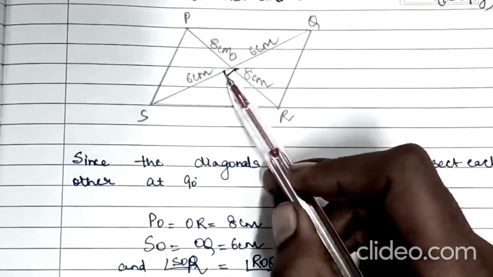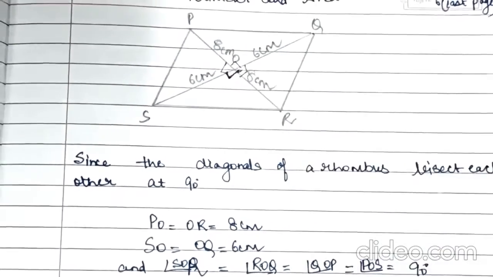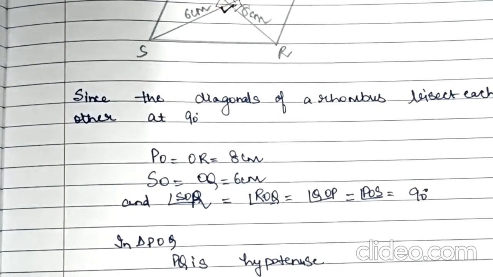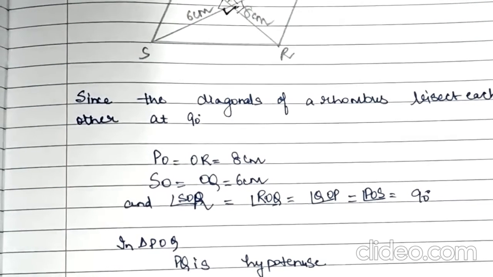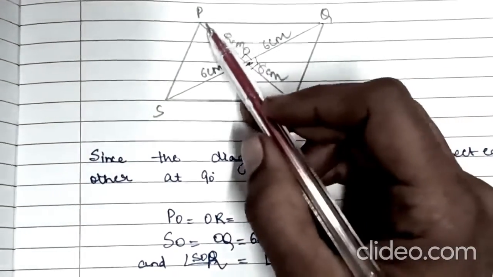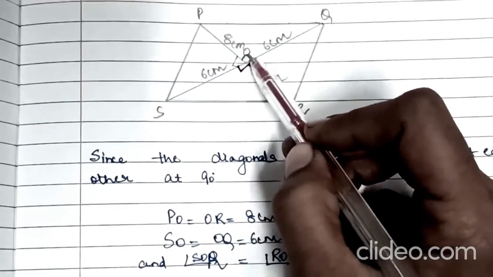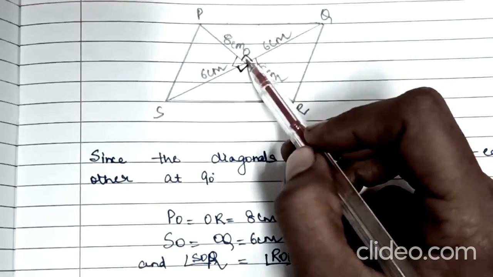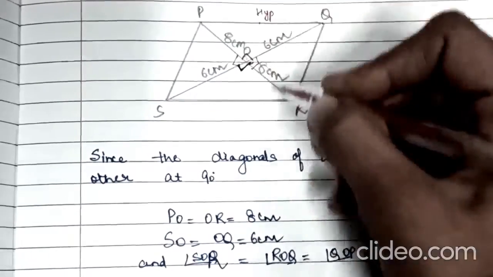So this angle and these angles also will be of 90 degree. Now, as we have already discussed in the previous question, we will take any of the triangle. Let us suppose we are considering this triangle where this angle is 90 degree and the side opposite to 90 degree is what? Hypotenuse. So this is the hypotenuse.